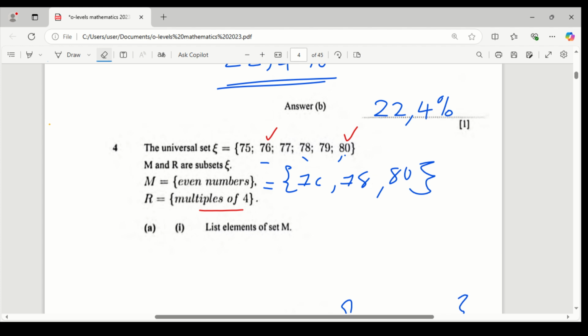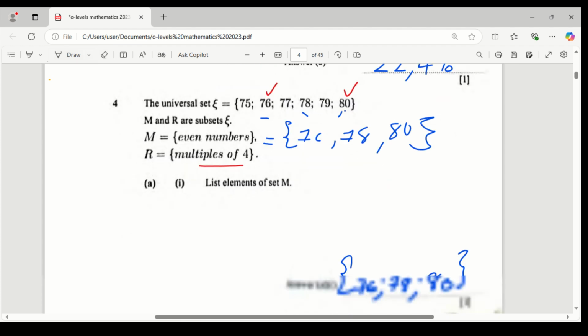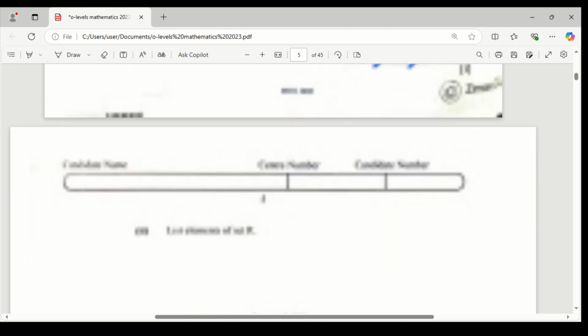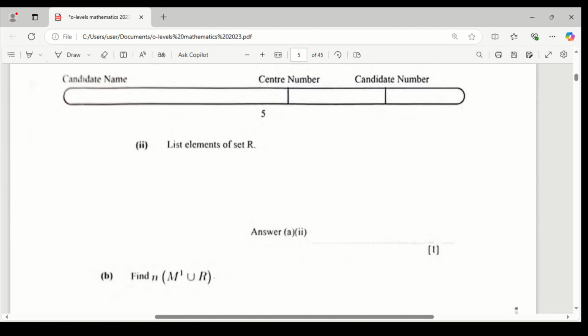So let's write our answers, 76 and 80. So here it's going to be, we open our curly bracket, we write our 76, we write our 80, we close our curly bracket. We can move on to number 4B.